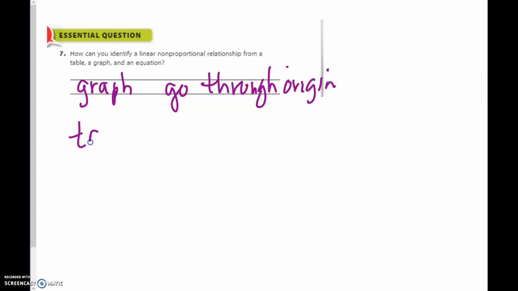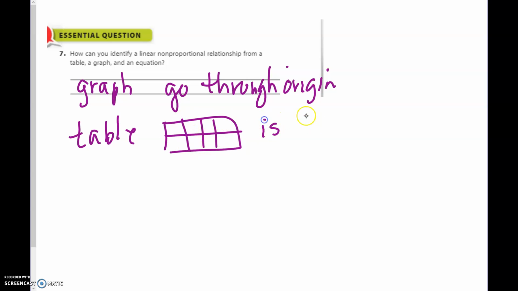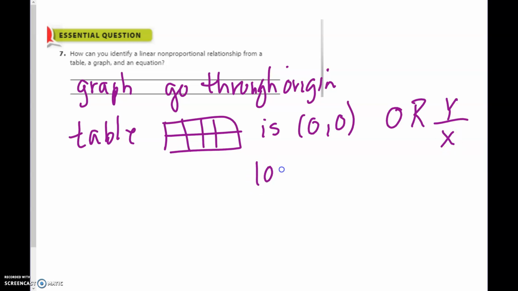When you have a table, okay, so when it looks like this and you have a table, is 0, 0 here? Or we can do y divided by x and look for k value. So either way works, as long as you explain which way you're doing it.